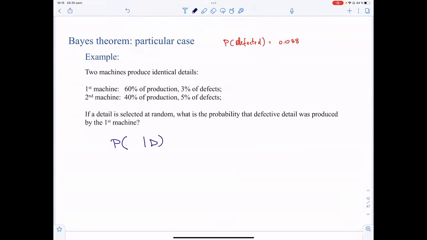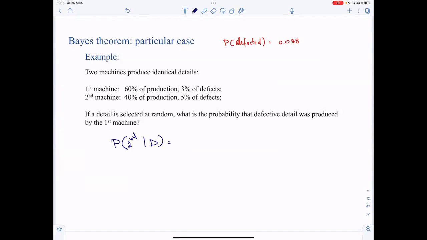The question I have: what is the probability that this randomly picked defective detail was produced by the second machine? This is a conditional probability. Given that I randomly picked a defective detail, what is the probability that it was made by the second machine?